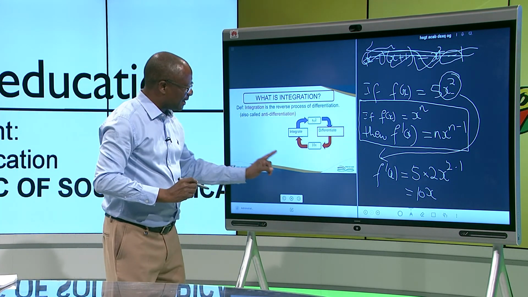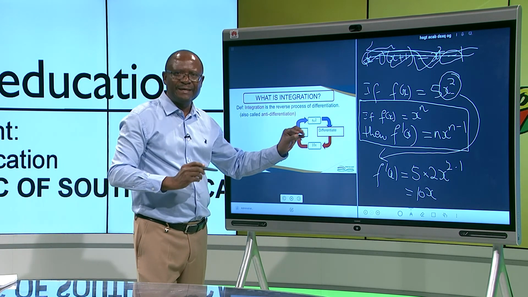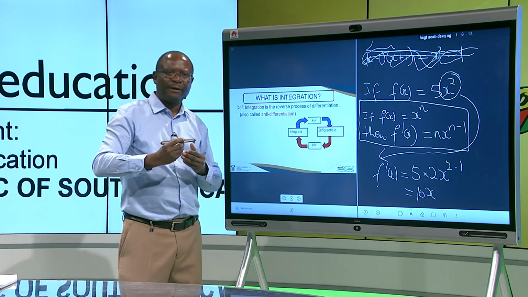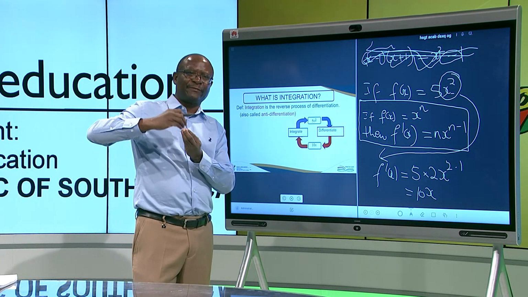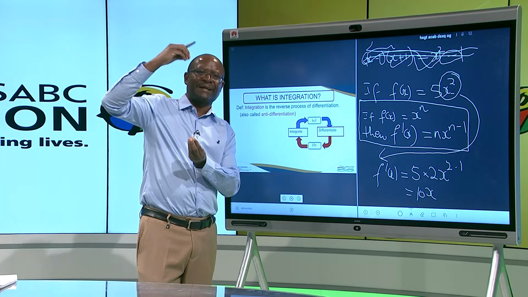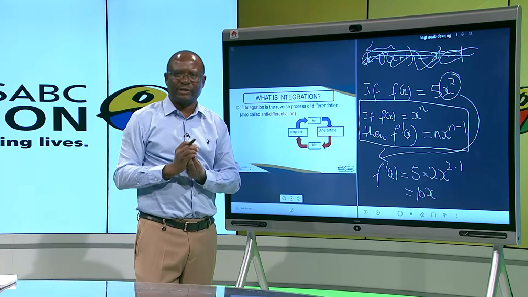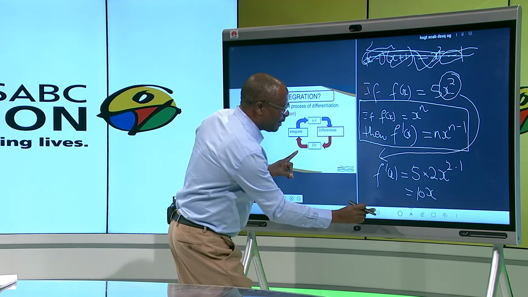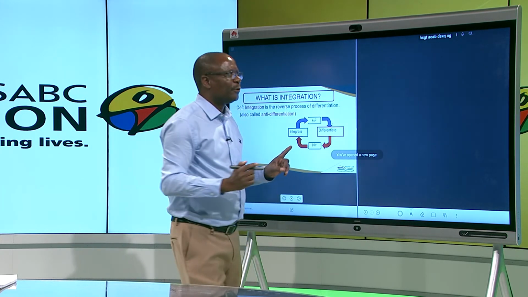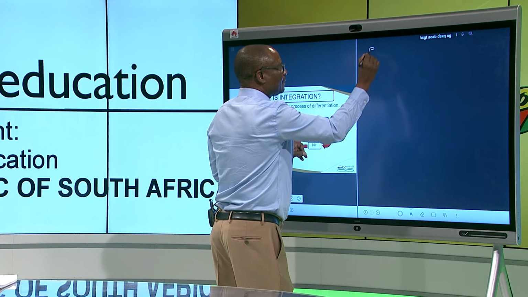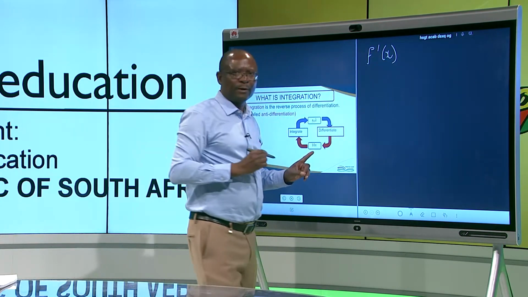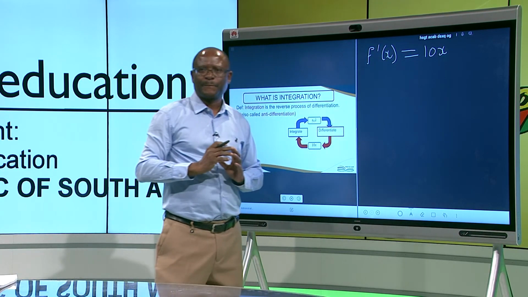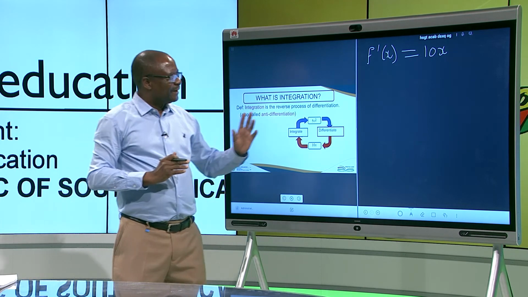But now, on this cycle, we said integration is the reverse process of differentiation. In order to integrate, we start from the answer that we derived from the process of differentiation, which in this case is 10x.